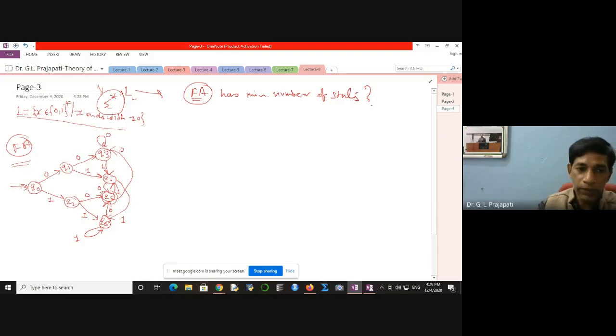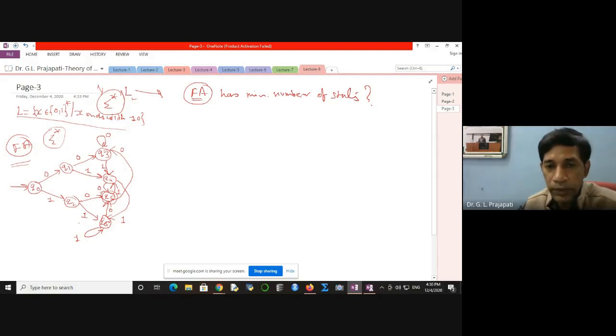In this FA, starting from the initial state Q0, you can supply any input from sigma star, and on supplying any input your FA will go to one of these states. So your FA goes to different places on different kinds of strings, and you can partition the set sigma star according to the states of this DFA.